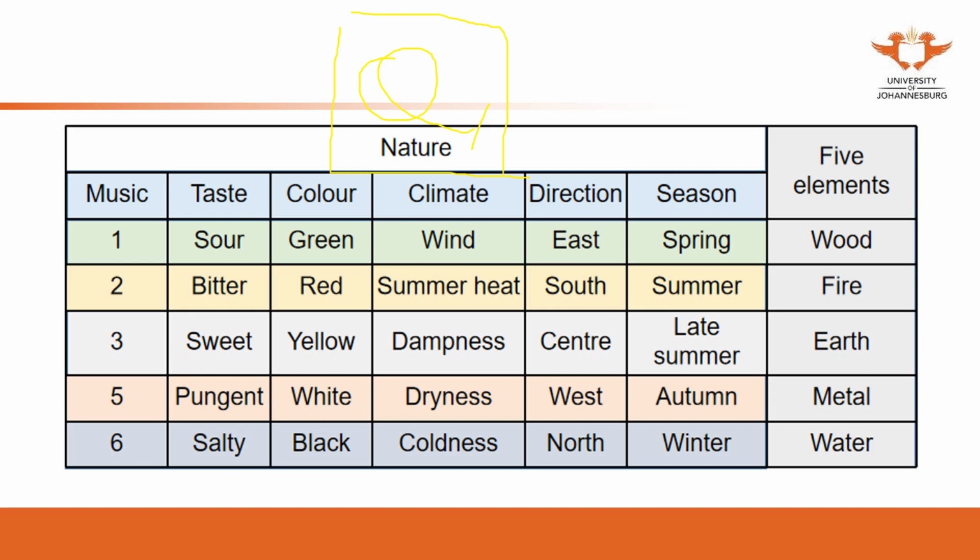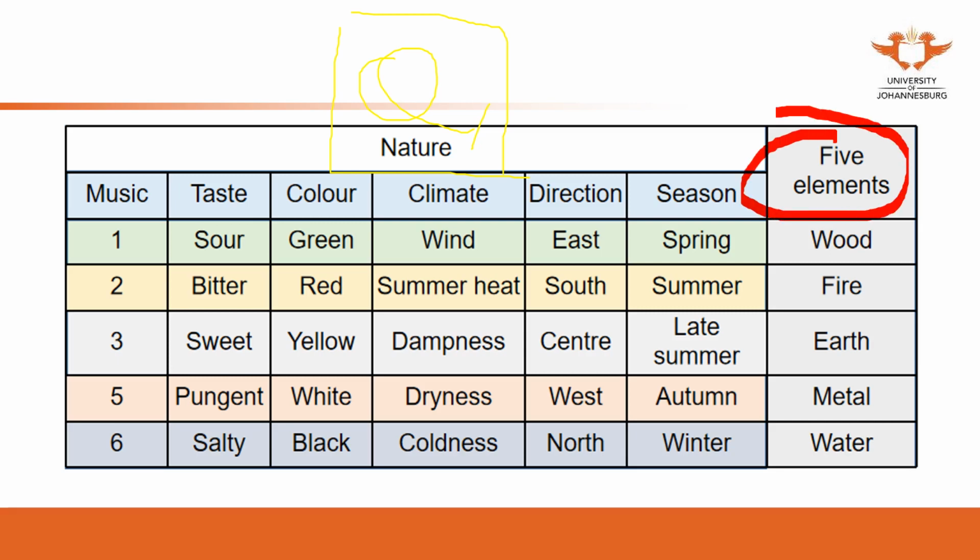Similarly here, when we study the qi, when we study human health, the human body, we should not analyze from one aspect only, from yin and yang. Then we need the five elements.